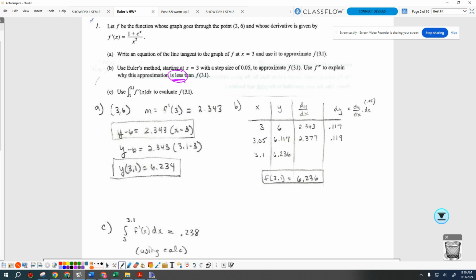So how do I get the right answer? Well, you use the y-values in this table, alongside the integral. So Cecilia? Do you add it to the 6 because it's from 3 to 3.1, and that's how much the function increased by?